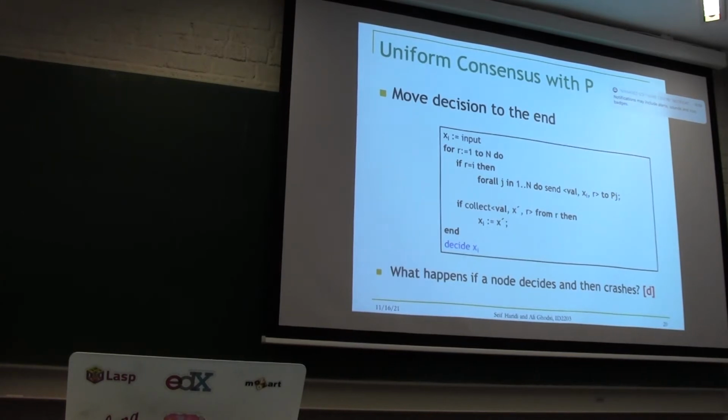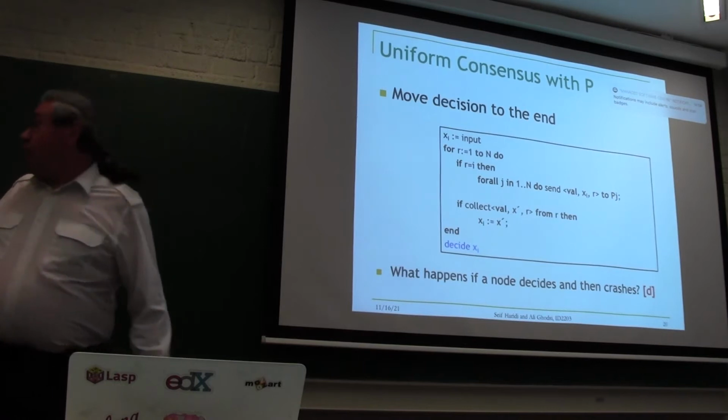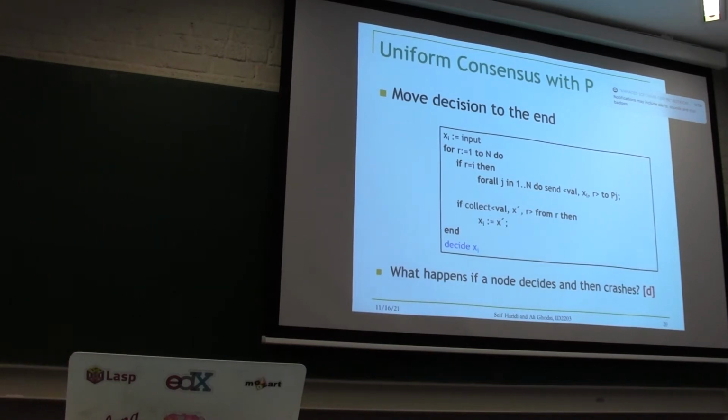First of all, this algorithm that we just showed you works for strong detectors. Strong means that it is only perfect with respect to one node. If you have n nodes, for one of them it will never make mistakes, but the others it might falsely think crashed. That's okay, because we're making rounds going from 1 through n.